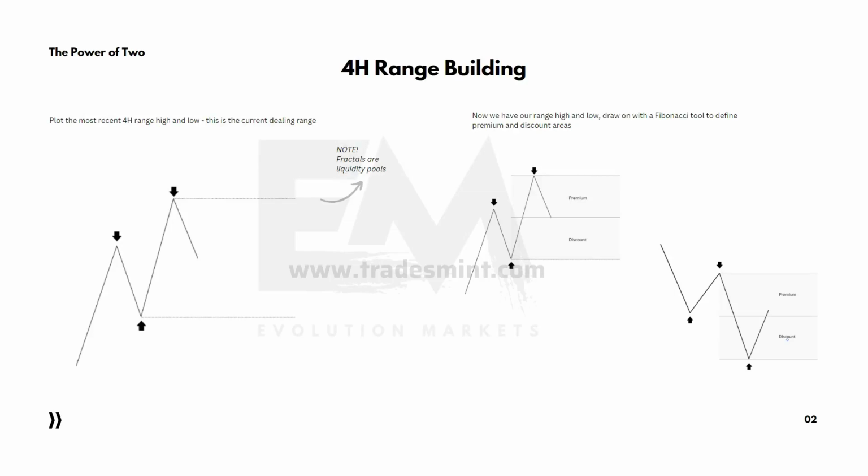So the 4-hour range building in its essence is rather simple. If you strip it back like this, I urge you guys, with this knowledge now, to jump on the charts and plot out over the past couple of months, stay on that 4-hour chart, plot out your dealing ranges, and just do a bit of practice that way. And you can then practice putting your Fibonacci tools on.